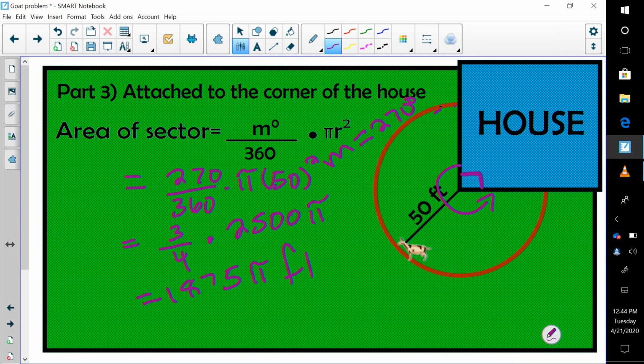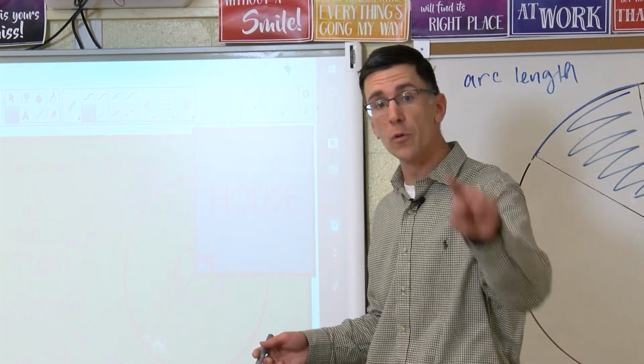And that is feet squared, approximately 5,890.49 square feet.